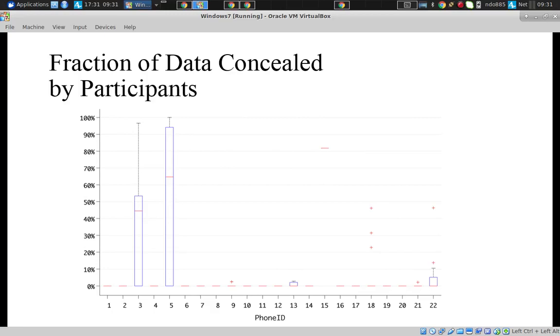So the point is here, these 2 individuals actually snoozed the phone quite a lot, suggesting a desire for privacy, whereas most individuals almost not at all.